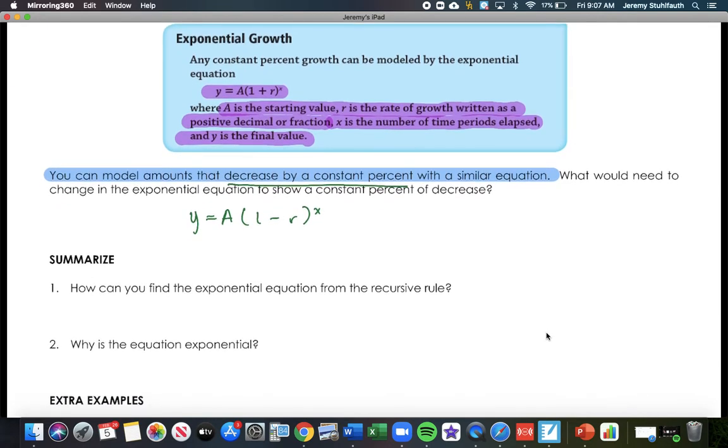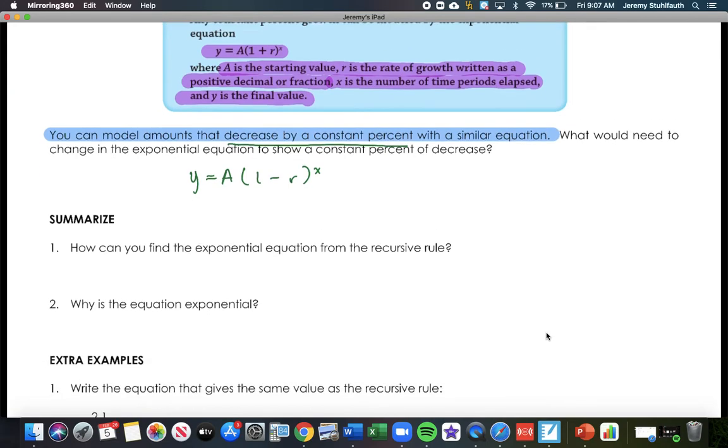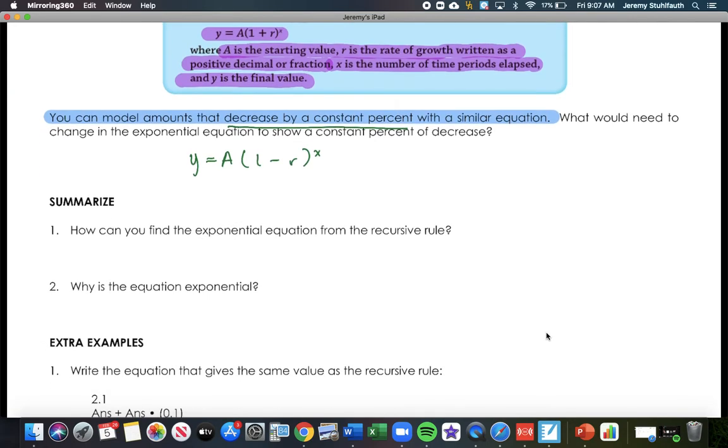So if we look at these two summary questions, the first thing says, how can you find the exponential equation from the recursive rule? And the way you do that is that your exponential equation is going to be y equals a times b to the x power.